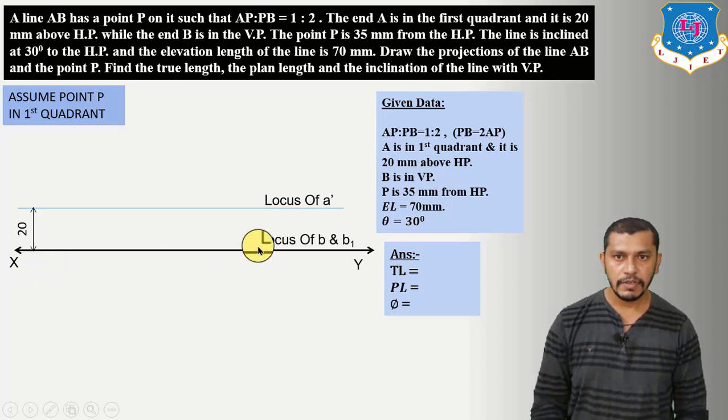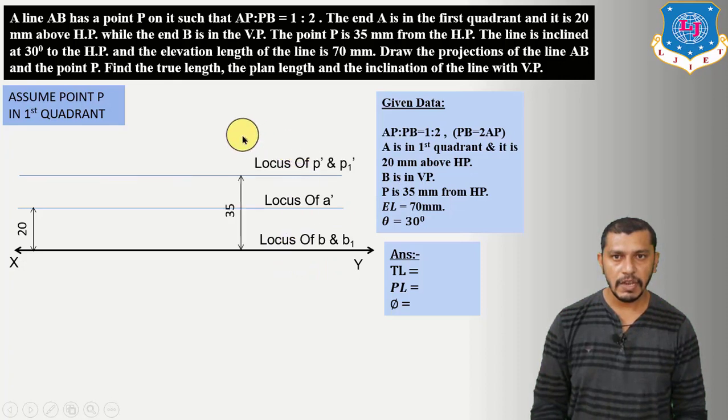So the XY reference line will be our locus of B and B1. And P is 35 mm from HP. Now we have assumed P in the first quadrant, so P will be 35 mm above the horizontal plane. So 35 mm above the XY reference line, we will get the locus of P dash and P1 dash, because we are going to fix end point A on the line. So we will get B and B1, and we will get P dash and P1 dash also.